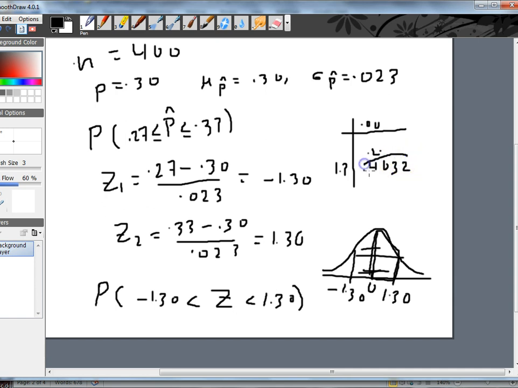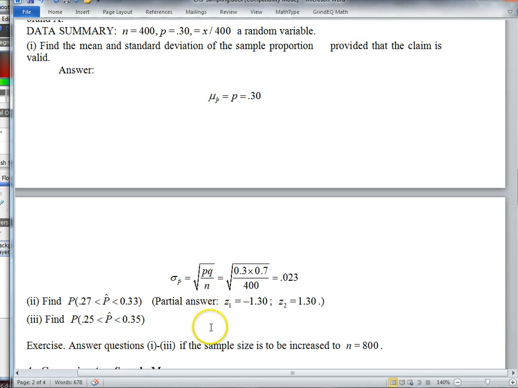I want to double that, so that would be 0.8064. That would be my answer to this question. So I finished this problem for you.